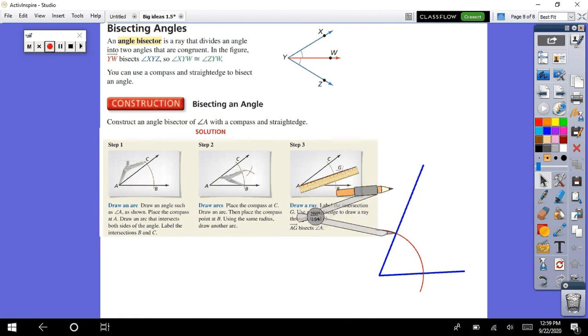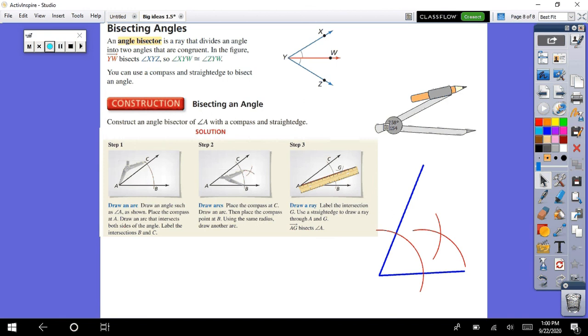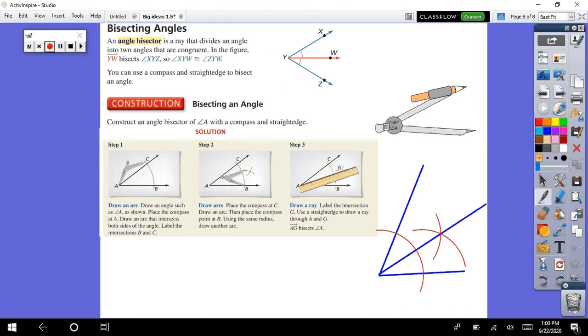Once you have the intersection of the arc and the rays, go to that intersection point, draw an arc in the middle, keep your compass the same, and draw an arc here. And now you can see the intersection of the two arcs right there. That's where you want to use your straight edge now and connect from the vertex in between. All right, so that's constructing congruent angles inside, aka an angle bisector.